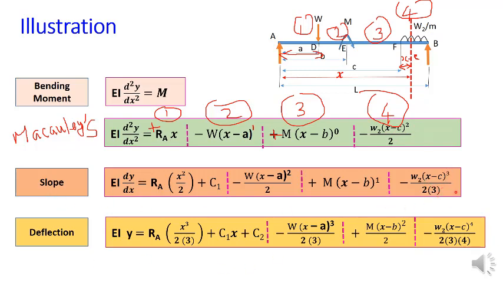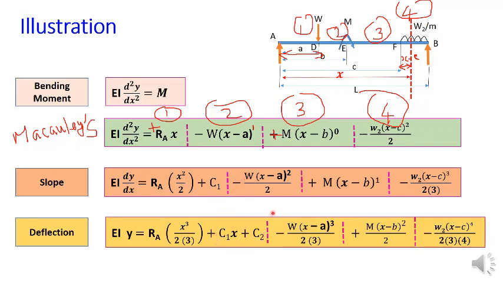So now you have the equation for slope. When you integrate the slope equation one more time, you get the deflection. EI into y equals RA into, 2 already here, so when you integrate x square, x cube divided by 3, plus C1x plus C2. Again, this integrating constant should be added only in the first portion.